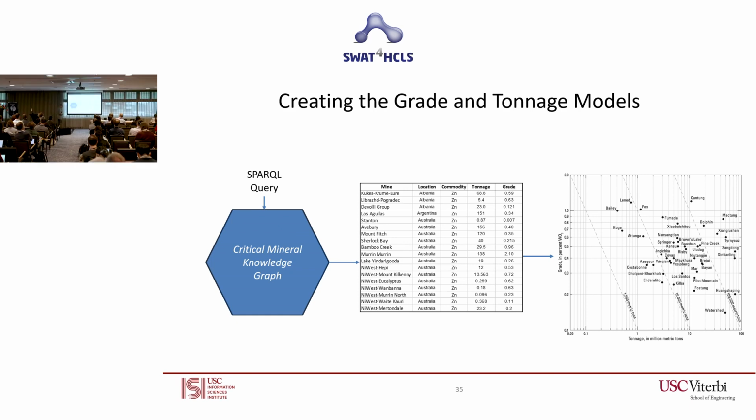This is important because they're trying to figure out, if I found another mine of this commodity and deposit type, how much material and what grade would I expect to find? It's going to be somewhere in the middle here, so that they could estimate whether it would be worth looking for a mine of that type.